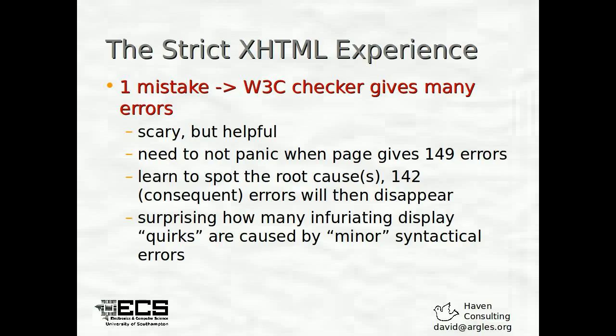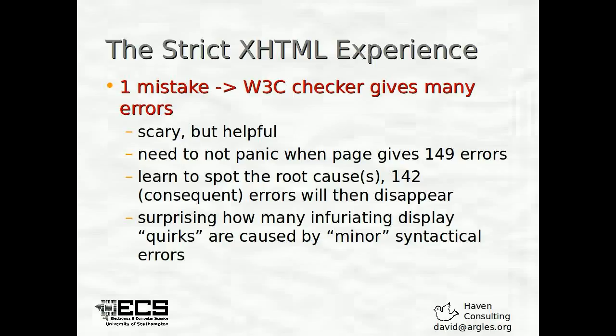We mentioned last time that XHTML has been around with us for quite a while, and it was an interesting experience. It was very fussy about syntax, and when you took an XHTML page and put it through the W3C checker, it tended to give many errors. It was quite scary, but it was actually helpful if you knew how to handle it.